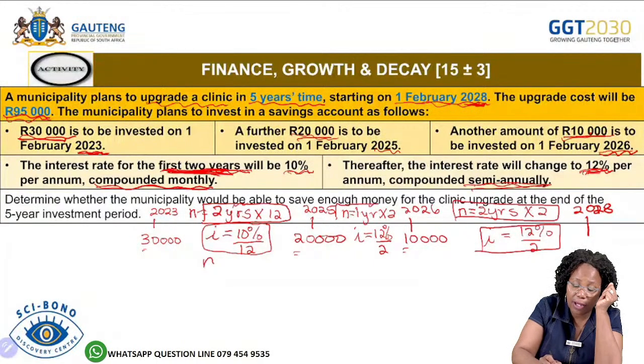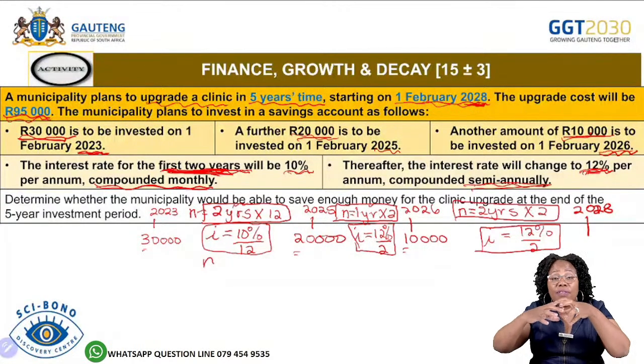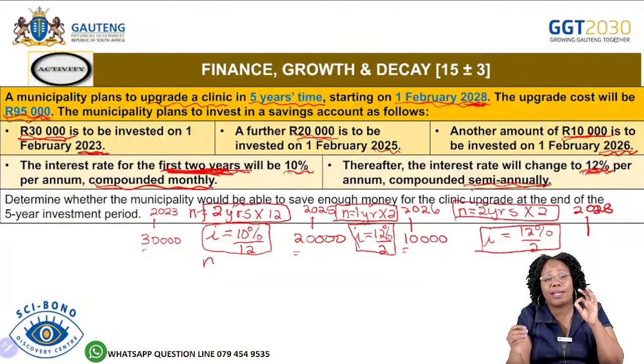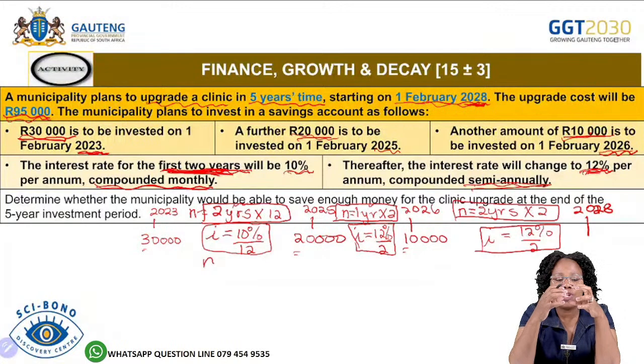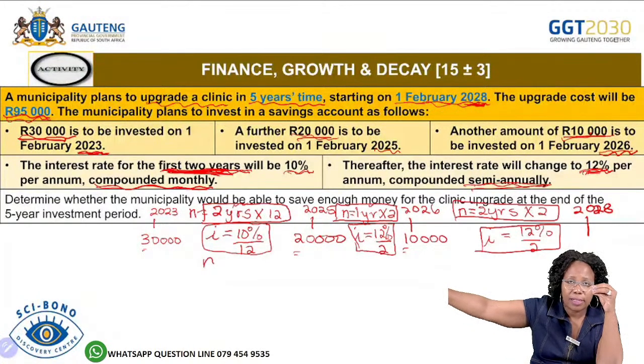Basically, grade 12, after putting this on a timeline, you can clearly see that you are expected to have almost 3 calculations. So now these calculations can be presented in only one timeline formula or calculation method.